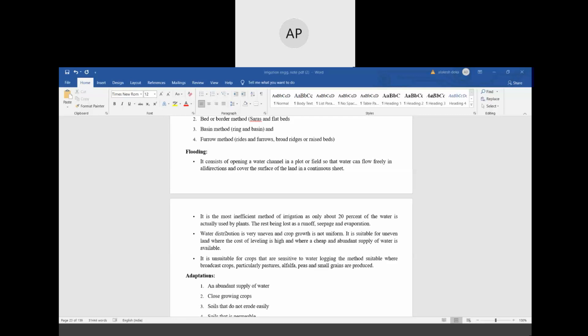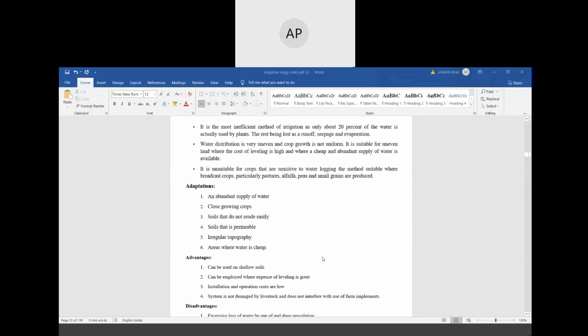It is suitable for uneven land where the cost of leveling is high and where a cheap and abundant supply of water is available. It is unsuitable for crops that are sensitive to waterlogging. The method is suitable where broadcast crops, particularly pastures, alfalfa, peas, and small grains, are produced.